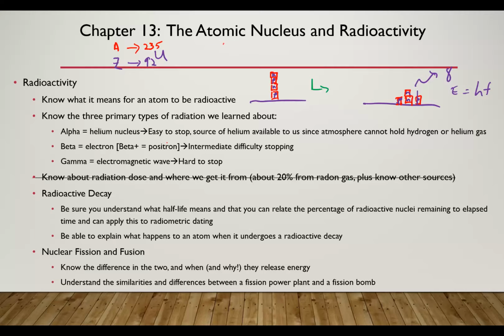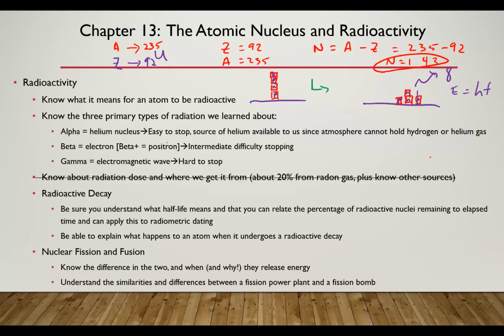So we have Z equals 92, A equals 235, and we know that the number of neutrons must be the total things in the nucleus minus the number of protons. So that would be 143 neutrons. So we know it has 143 neutrons and 92 protons based on those numbers.